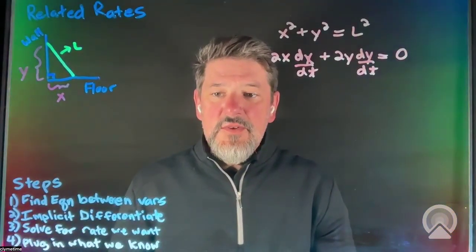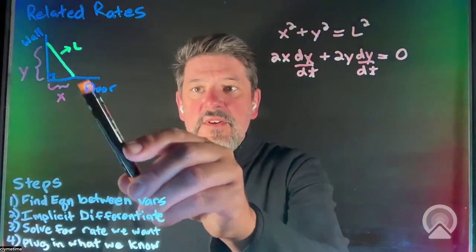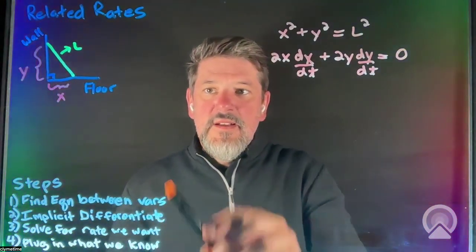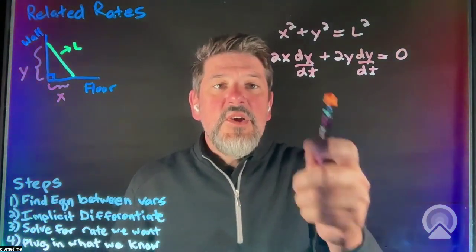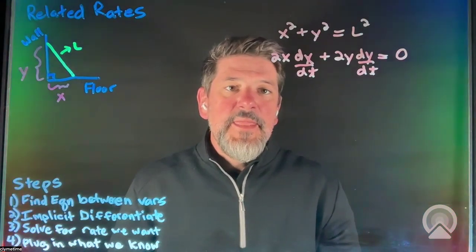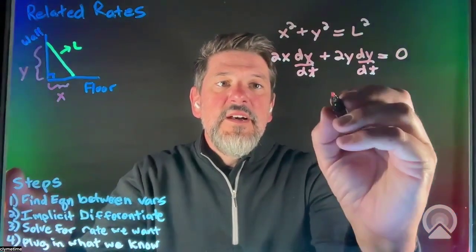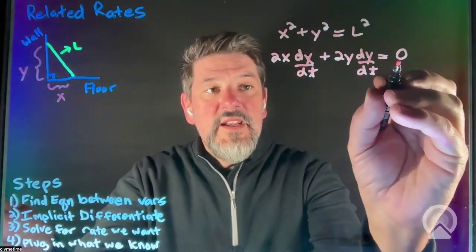So let's assume we are looking for dx over dt. We want to know what's the rate at which x is changing, and so that's the thing we're looking for. So I want to solve for dx over dt. So if I solve for dx over dt, my first step would be, honestly, this is what I would do. I would see these both have a 2 in common and a 0 over here.